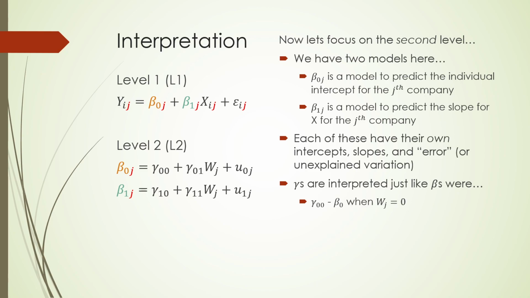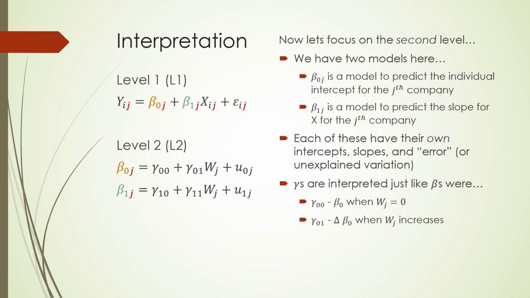We'll call this public if w is 1 and private if w is 0. That's important because when I'm interpreting gamma 0,0, this is the intercept when w sub j is 0, which is, as we just said, a private company. So this is the expected salary for a private company, and just like beta 0 normally, this is also when the skill level is 0. So this is the base pay, I'll call it, for a private company. It's the salary with 0 skill level for that private company.